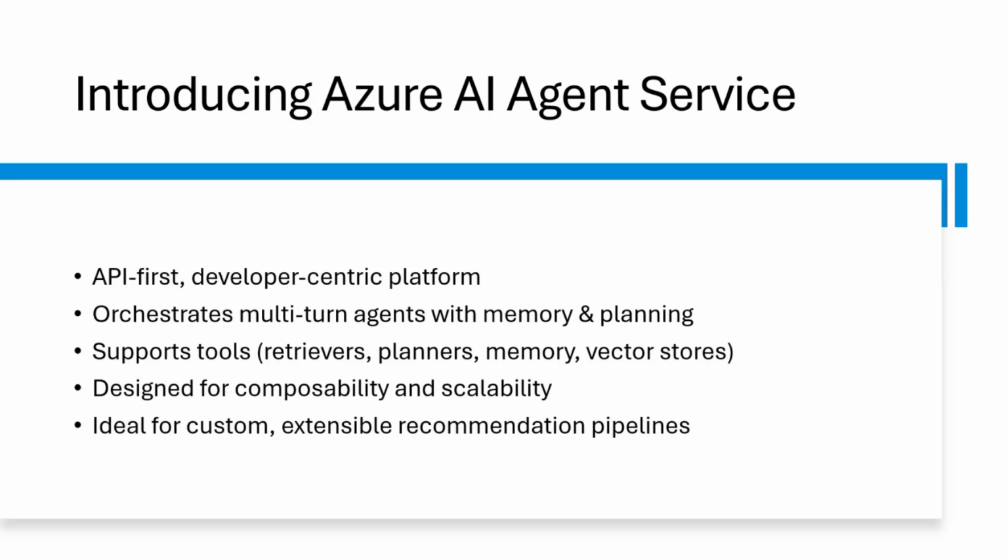If you want more flexibility on what you're doing and how you are doing it, and you want more flexibility towards controlling the things which are outside your control, then probably this is what you will be doing. Keep that in mind: if you are planning to use the Azure AI Agent Service, it is targeted towards professional developers.